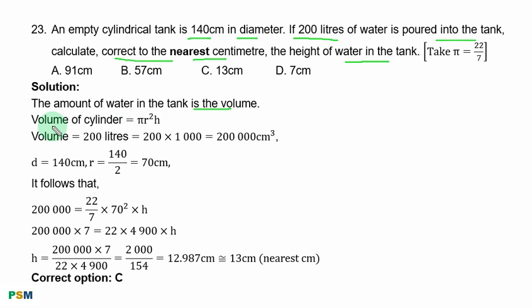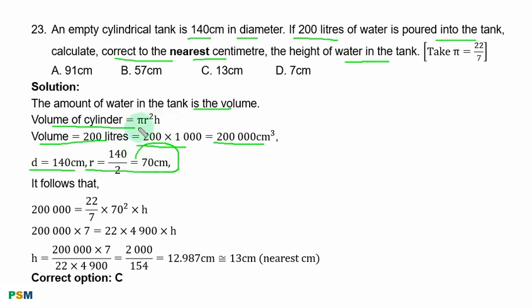Volume of cylinder is equal to pi r squared h. The volume is given in terms of liters. You have to convert it to cubic centimeters by multiplying by 1000, and you have 200,000 cubic centimeters. Diameter is equal to 140 cm. To get radius, divide diameter by 2 and you have 70 cm.